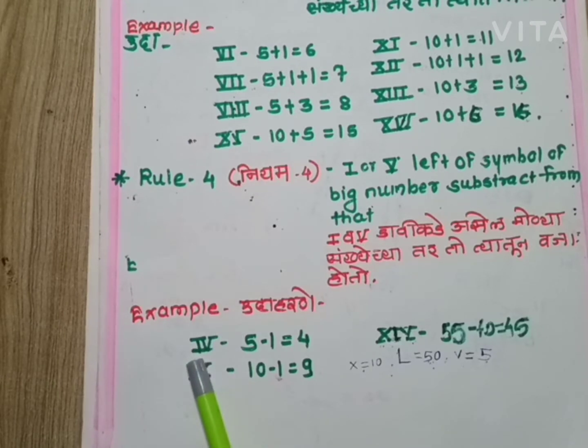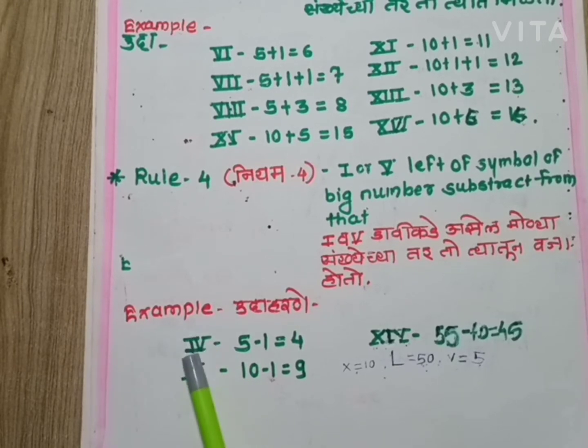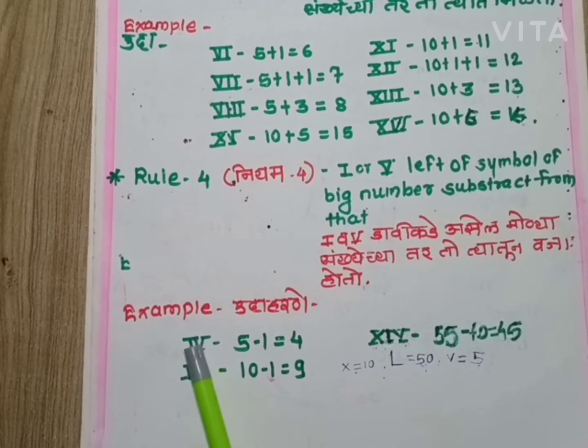Here I and V. The rule says IV. Here the I is written on the left side of V, right? So it gets subtracted from the value of V. V gives value 5 and I gives value 1. It is on the left side of the V, therefore it gets subtracted from the value of V. So 5 minus 1 gives 4.